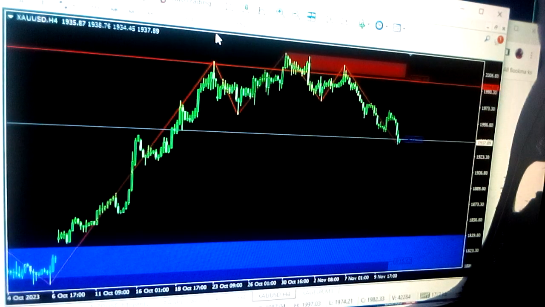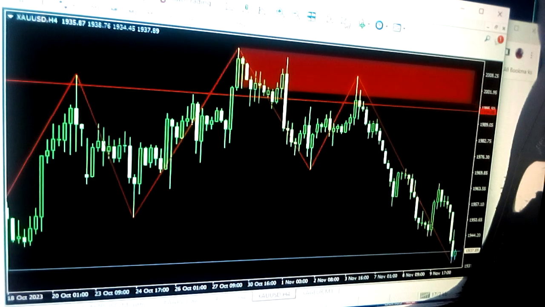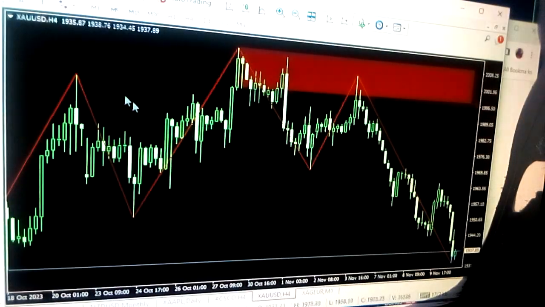Okay, this is a head and shoulder. Let me enlarge it here. So when you look at this, let me take a line so that you can see what I'm trying to explain. Look at where it touches. You see that red line that passes across?